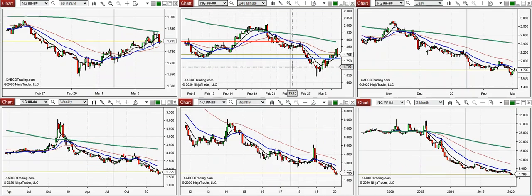So this is natural gas. Natural gas is always a great contract to trade because it's very volatile on the upside and on the downside. We had a very good couple of trading opportunities in all three systems. On the daily chart, we're clearly downtrending. On all higher time frames, from the weekly to the monthly to the quarterly, we are clearly down. I have no doubt that natural gas will go lower.